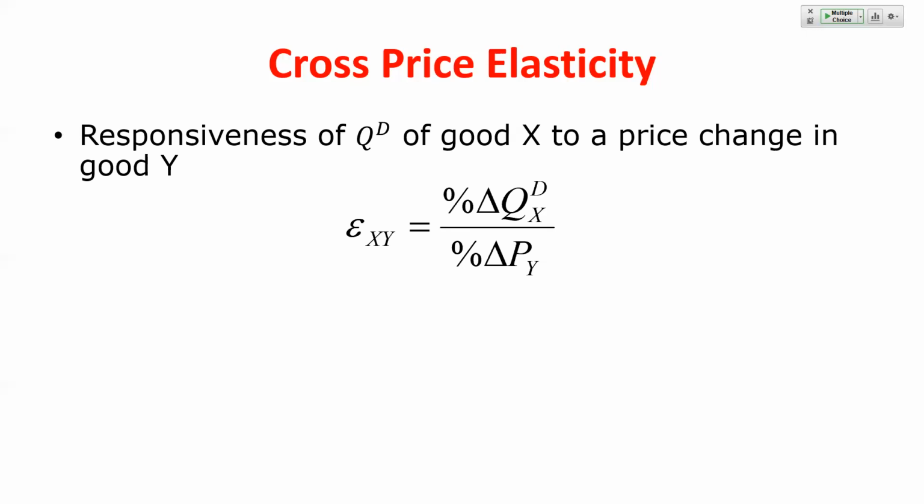I can still think about 1 as my cutoff: if I take the absolute value and it's greater than 1, it's elastic, and less than 1, it's inelastic to this other good's price changing.